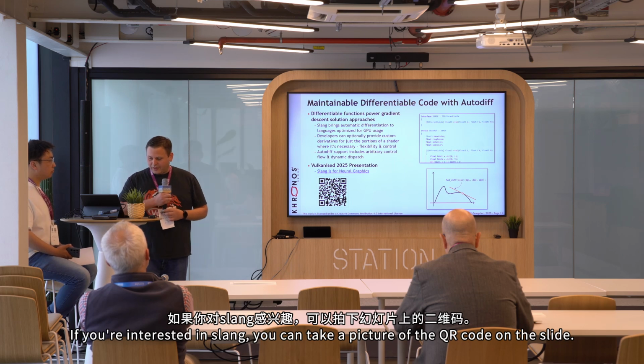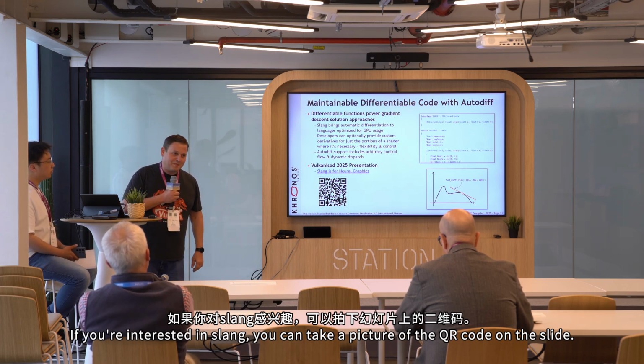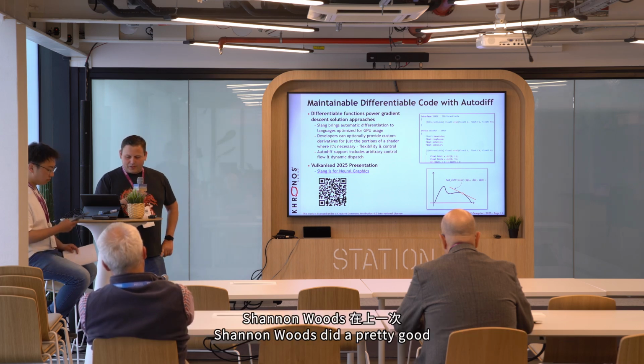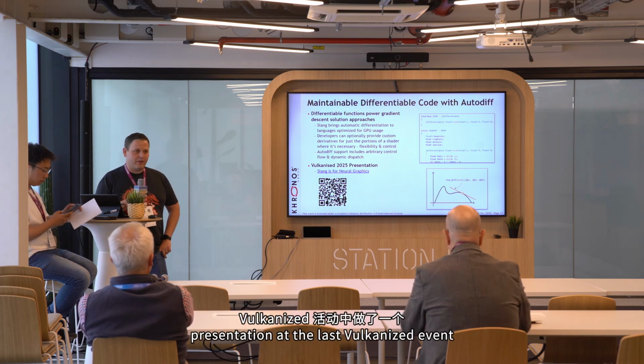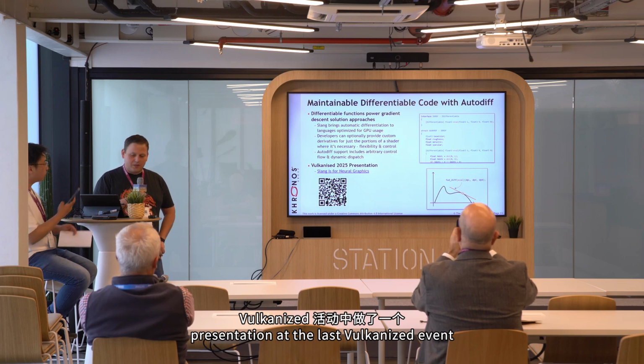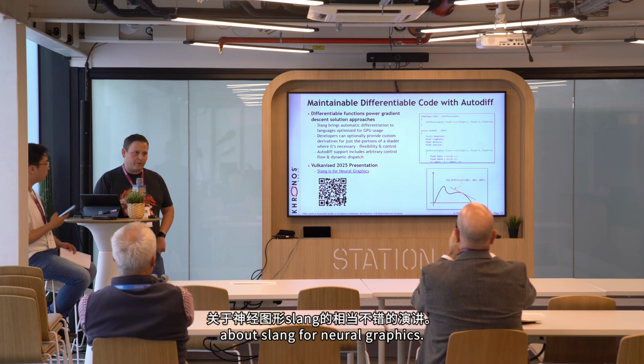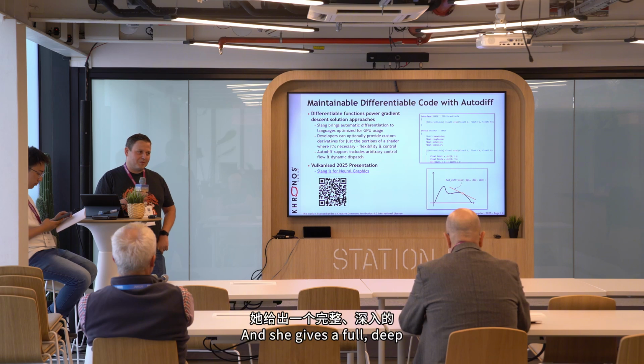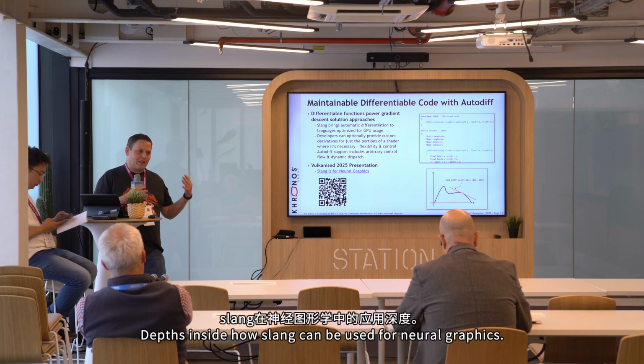If you're interested in Slang, you can take a picture of the QR code on the slide. Shannon Woods did a pretty good presentation at the last Vulkanized event about Slang for neural graphics. And she gives a full in-depth insight into how Slang can be used for neural graphics.